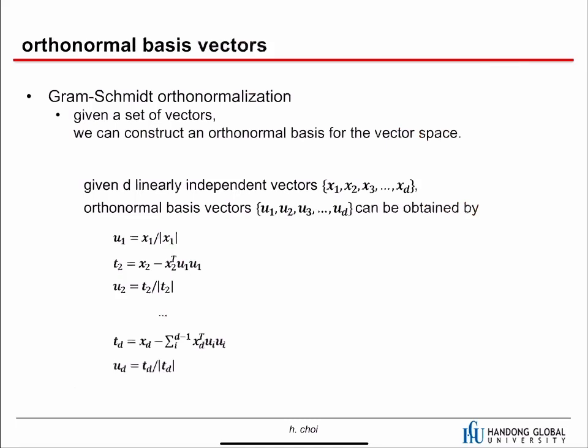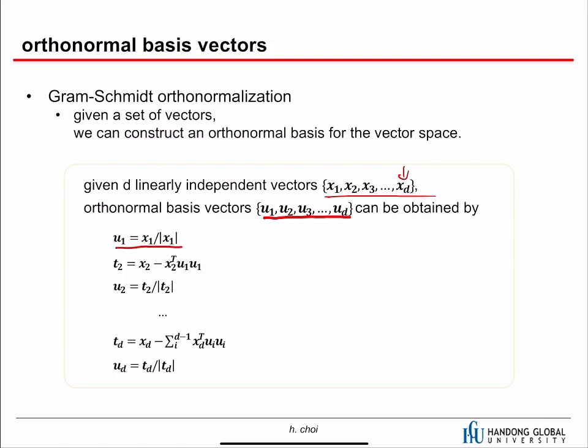So given the linearly independent vector set from x1 to xd, orthonormal basis vectors u1 to ud can be obtained by this process. First of all, these are not unit vectors. So the first orthonormal basis vector can be obtained by this, so just to normalize x1.